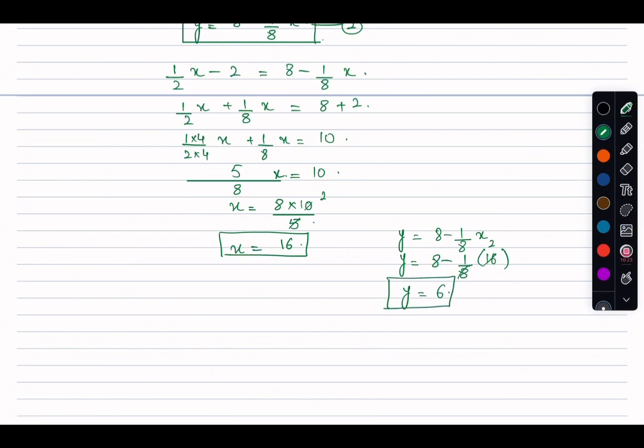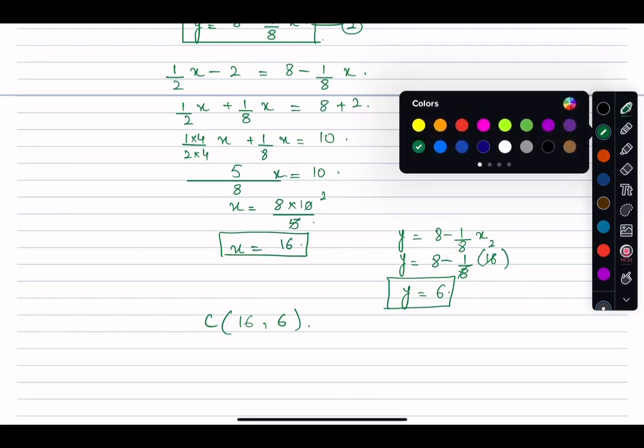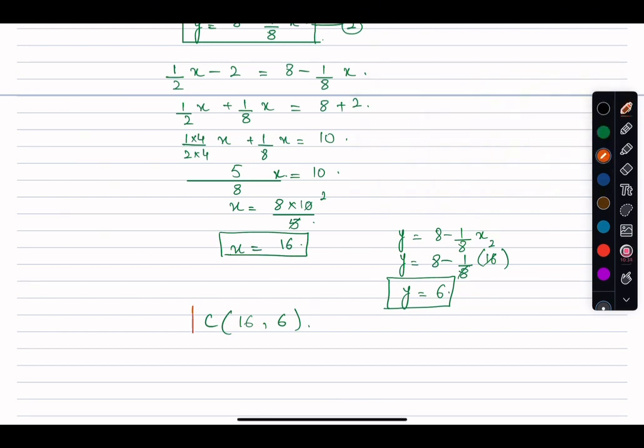Therefore, I have the C coordinates, the x coordinate is 16 and the y coordinate is 6. So I have calculated the coordinate for C, which is 16 comma 6 here.